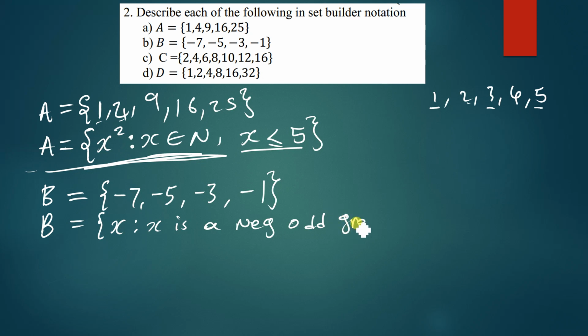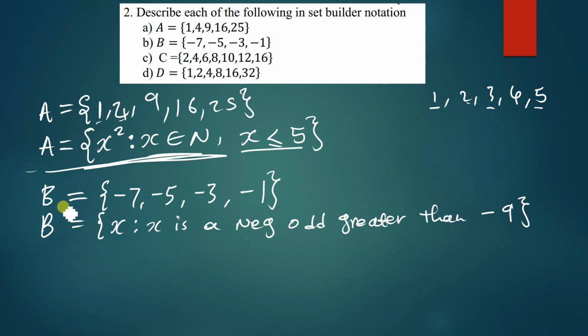You can use -9 or -8, and you can write it however you think is okay. It's still going to be fine. So you can say x is such that x is a negative odd number greater than -9.